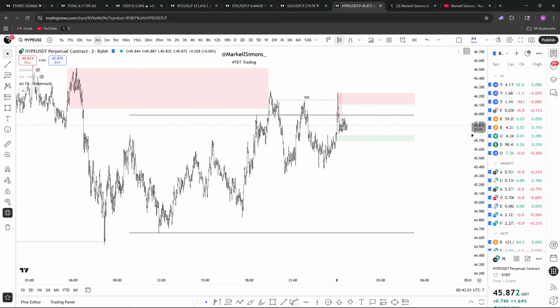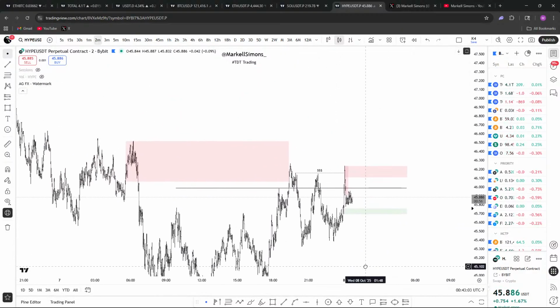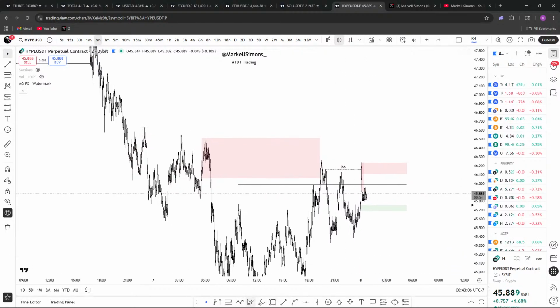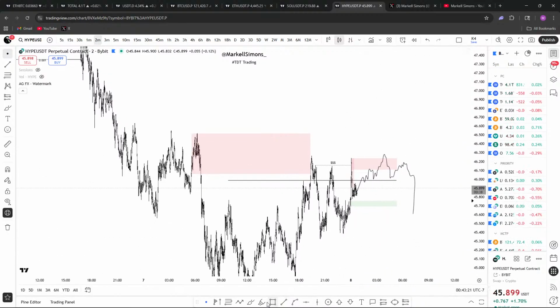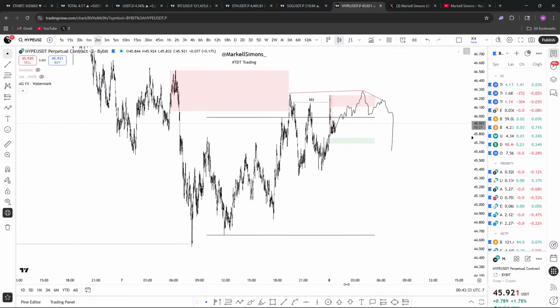Stay disciplined, stay patient. For all you know, we might come up and sweep these highs up here, and then this might be a short right here. But because you FOMO'd in and got liquidated, now you're not able to take advantage. With this being your initial range high, your initial range low, you get your deviation from the range high, and you get your tap into the extreme supply for the full rotation back down.